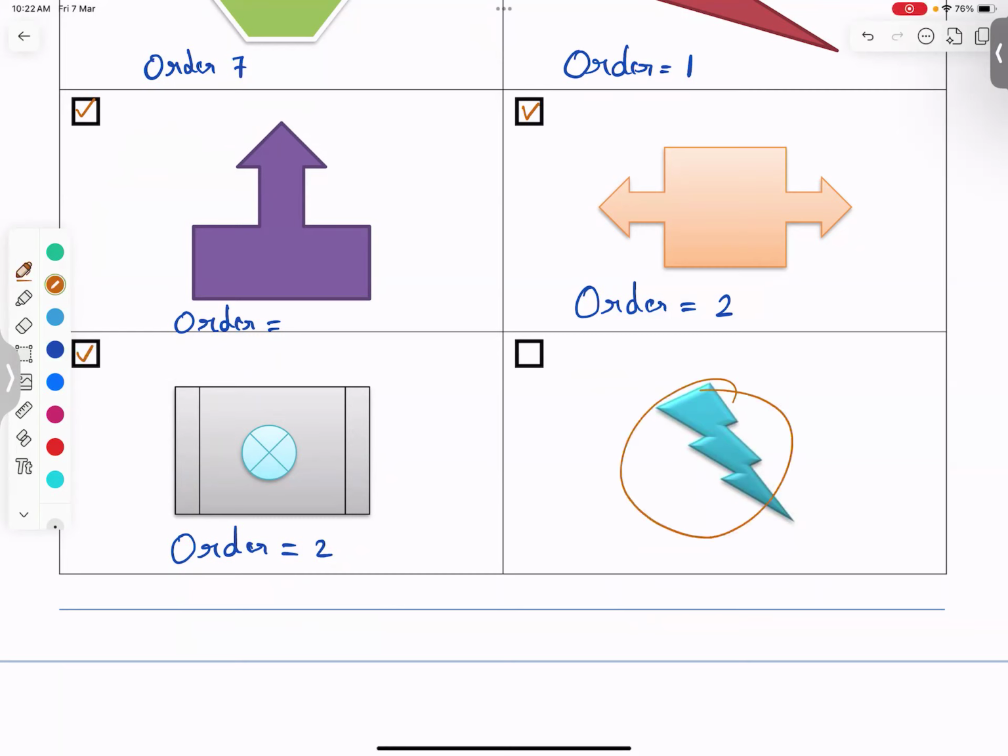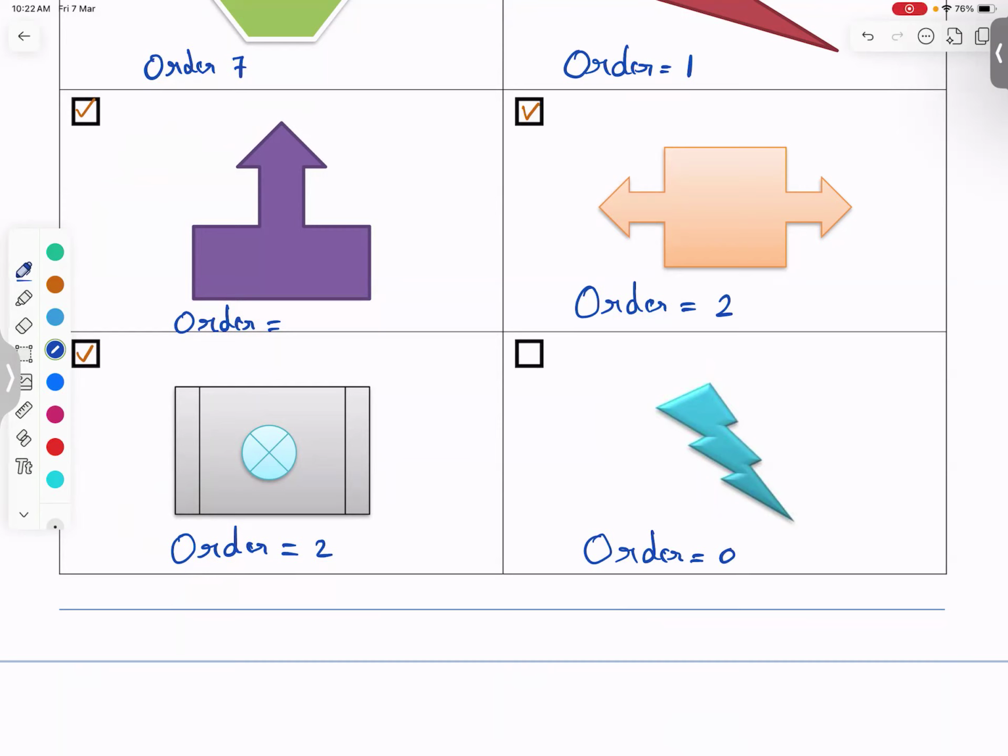Now what about this? For this one, I think it's not rotation symmetry. No, this is not rotation symmetry. So the order of it will be zero. Order of rotation symmetry is zero.